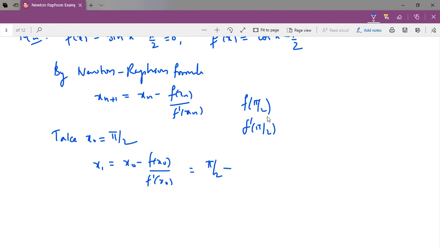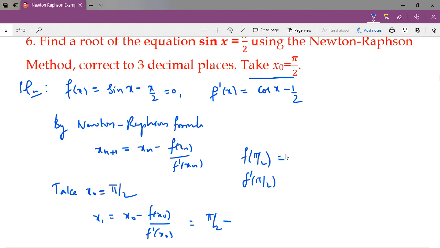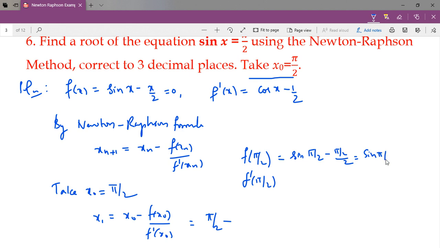What is f of pi by 2? That is sin pi by 2 minus pi by 2 divided by 2, so that is 1 minus pi by 4.